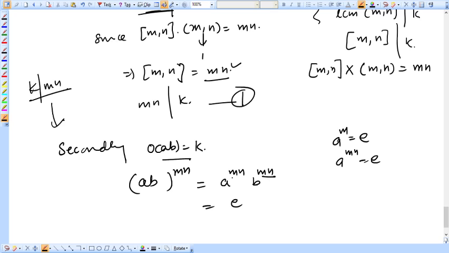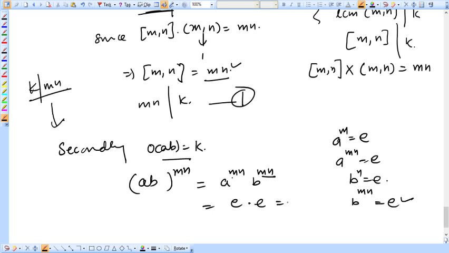Similarly, what is the order of b? It is n. Order of b is equal to n, therefore b^n is equal to the identity element. If I raise its power again, b^(mn) would also again be equal to the identity element.